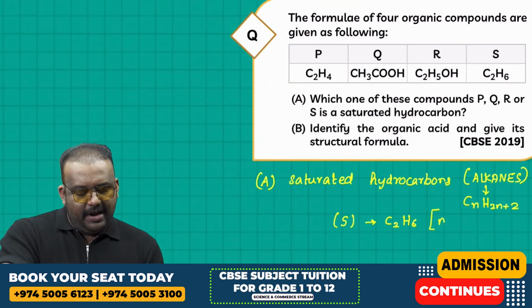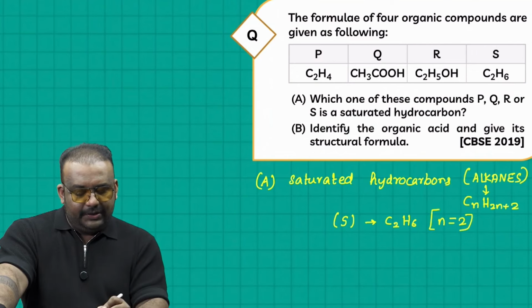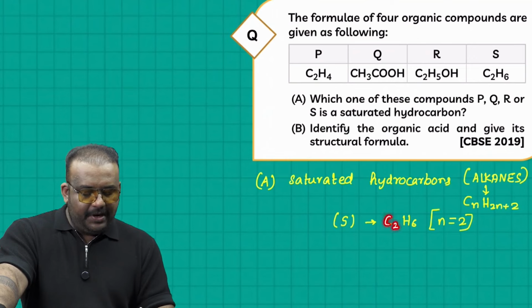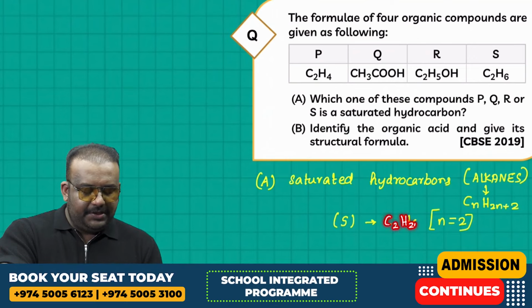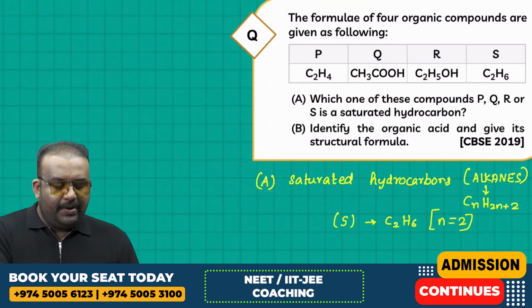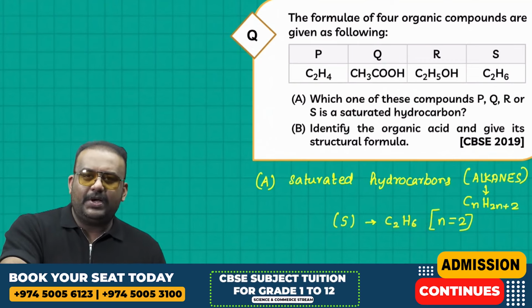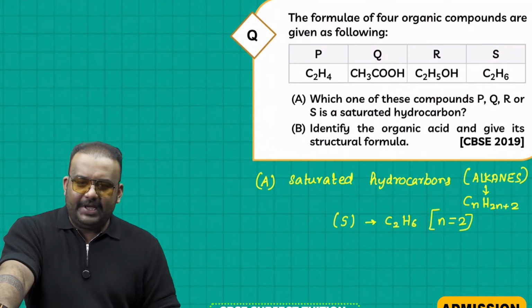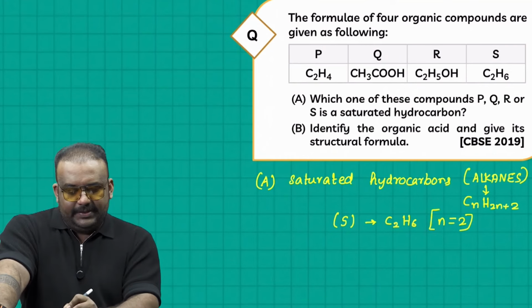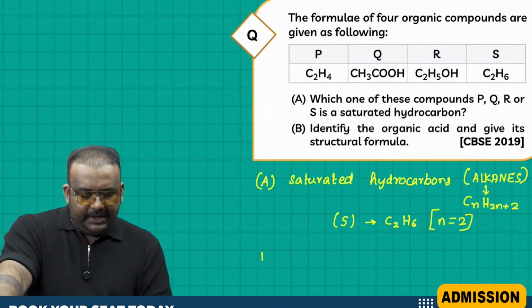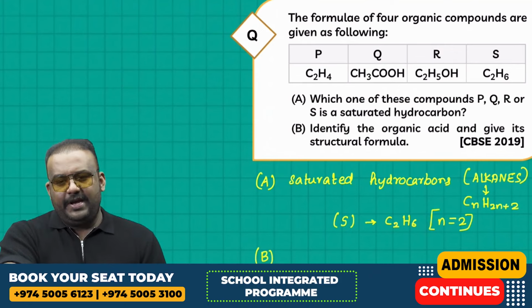So here the n value is 2, correct? So if you put n value as 2 here, it will be C2H(2 into 2 plus 2), which is 6. So the only saturated hydrocarbon among the 4 compounds is S. So I hope the answer for A part is clear. Then we have the next part.